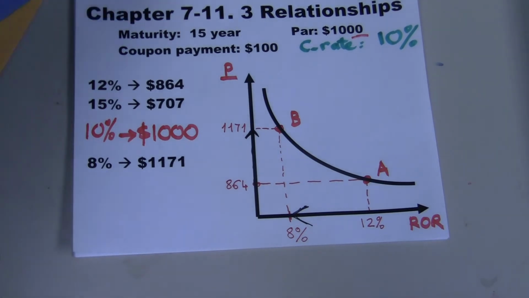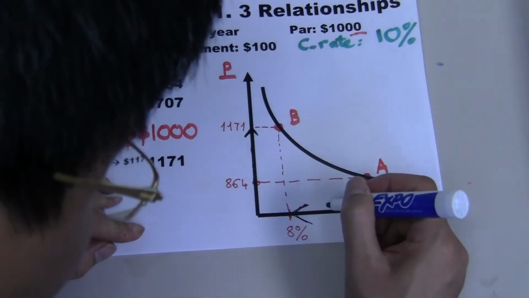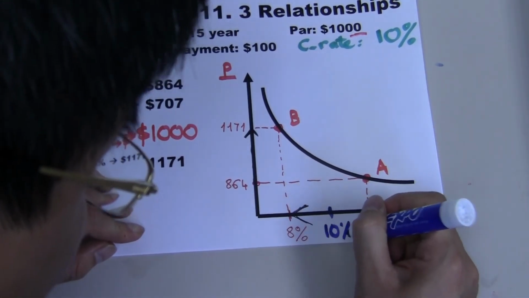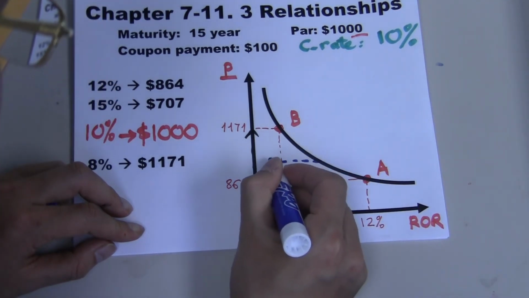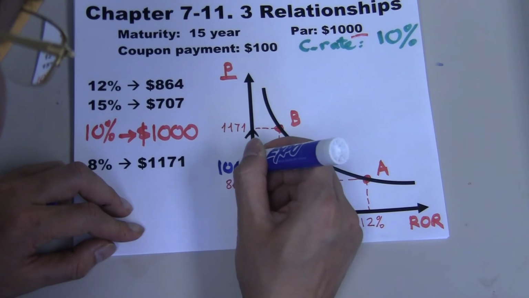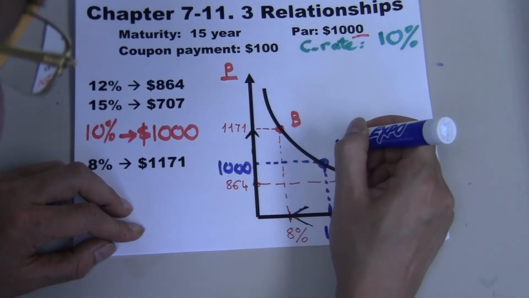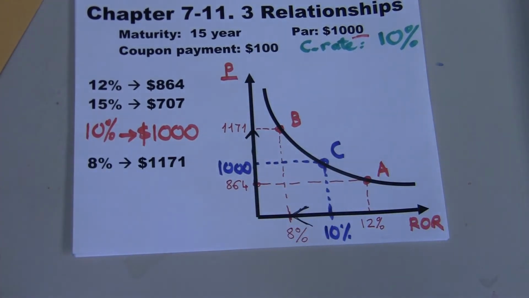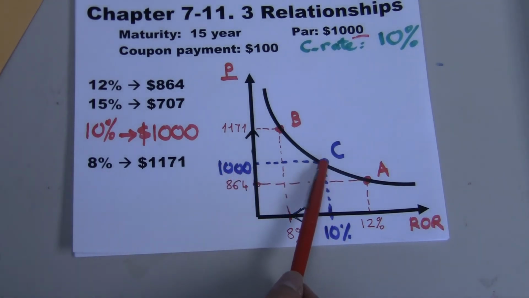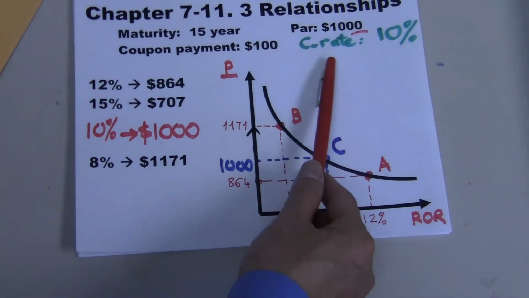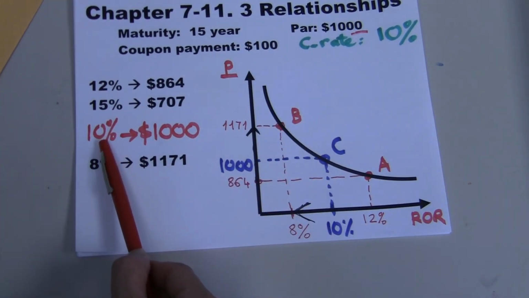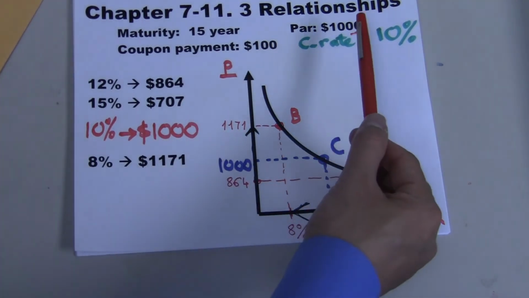On the chart we have 10% right here, and the price of the bond is 1,000. Point C. This point C is very important. It's special, because the coupon rate is exactly the same as the required rate of return, and therefore the price is the same as the par value.